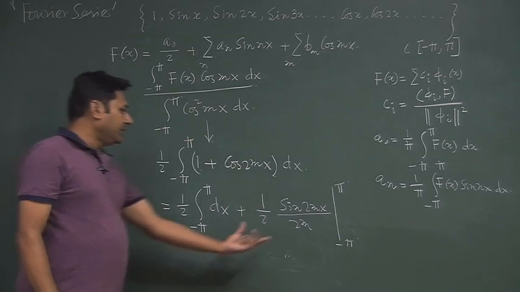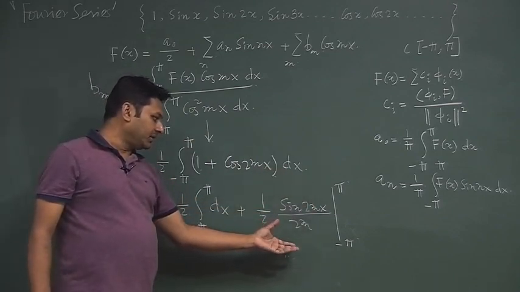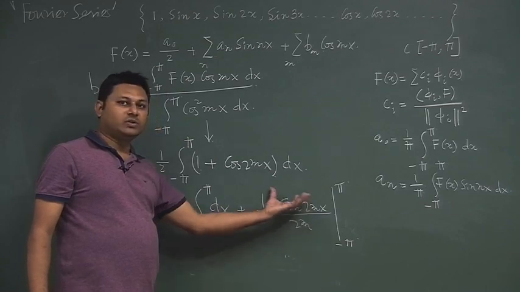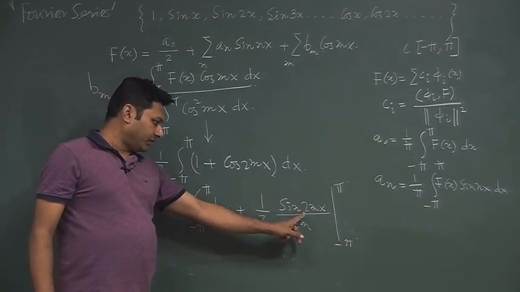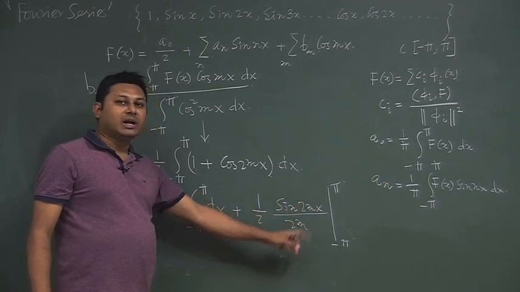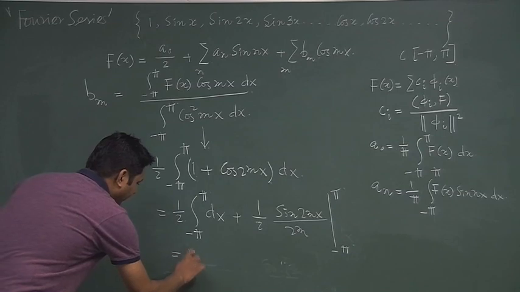If I put this limit, as in the previous case, it is 0, because sine of pi and sine of minus pi are both 0. Sine of n pi, whatever the coefficient here, we shouldn't bother. So here we again have something times pi.